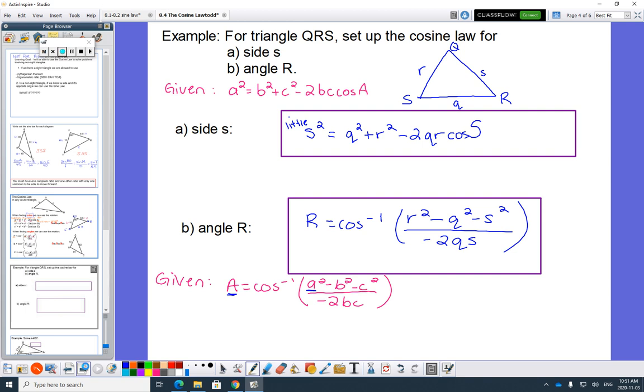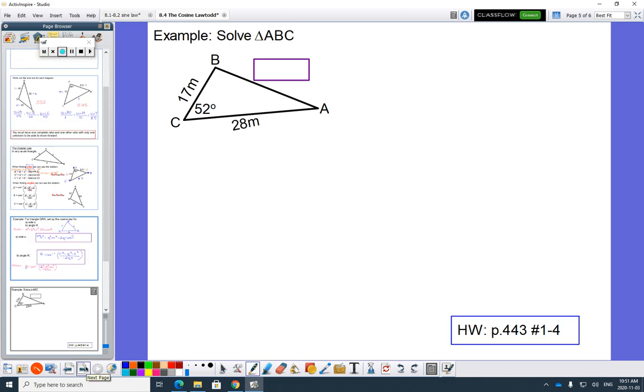Okay? So it says solve triangle ABC. So similar to the other questions, it gives us what the points are, the vertices, or the angles. We have to label the sides. So 17 is A. 28 is B. And then this is side C, which we don't know.